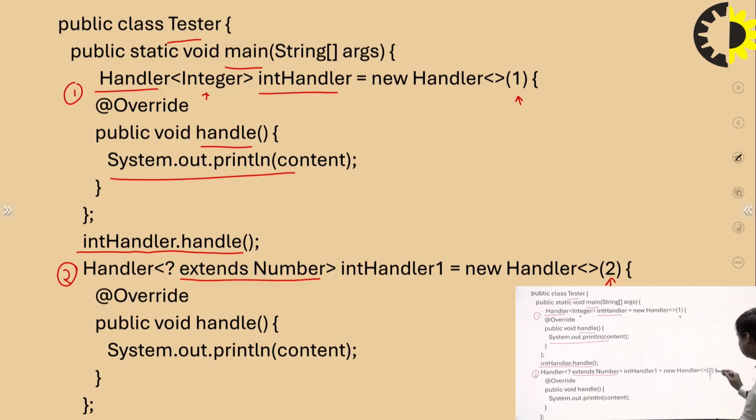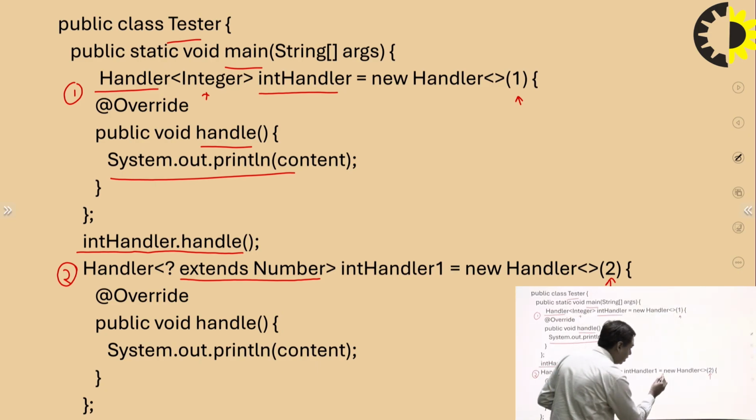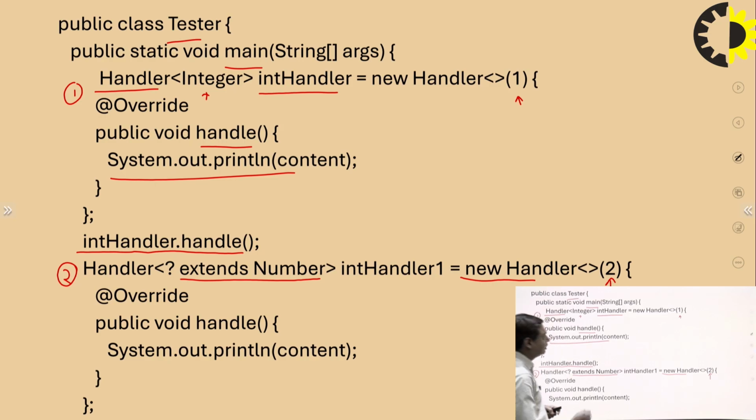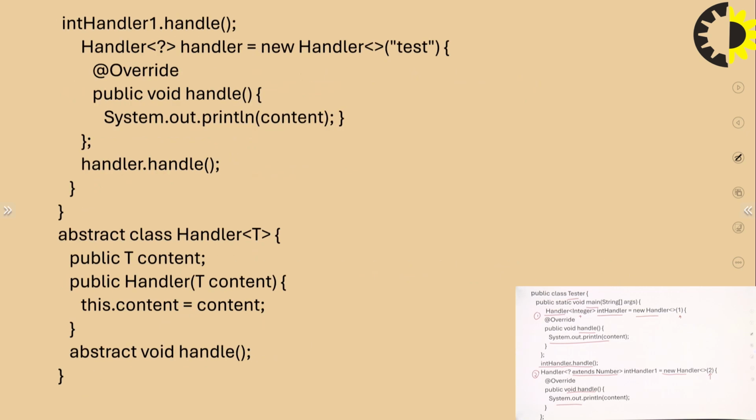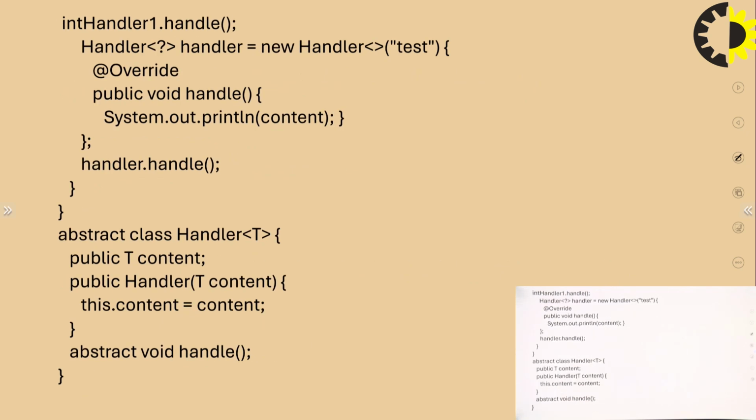It will be inferred on the basis of the value that you have mentioned. Again we are using an anonymous inner class. It is also an anonymous inner class. With the help of the value 2, int will be inferred as the type, and then we are implementing this handle method and displaying the content. This is the first and second approach. This is the third approach.